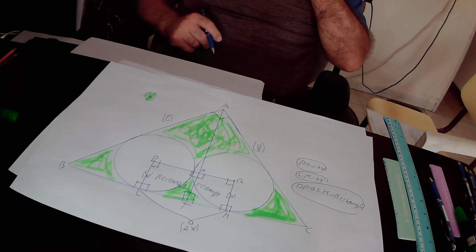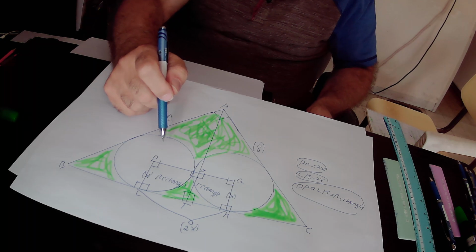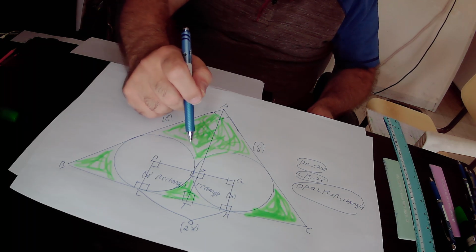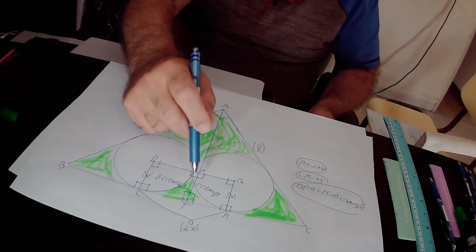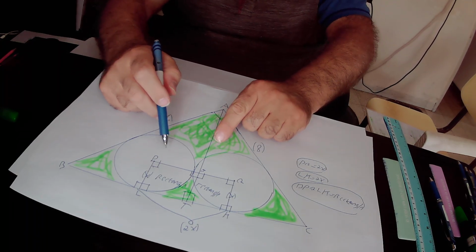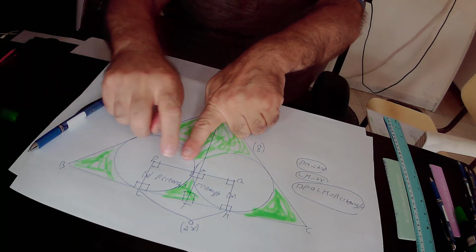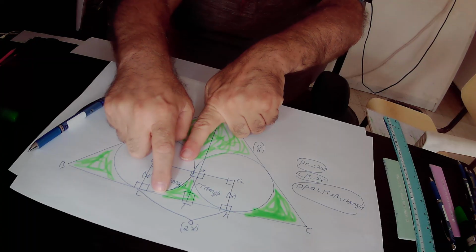So, in this rectangle PJTL, PJ is parallel to LT. Those two opposite sides are parallel to each other.